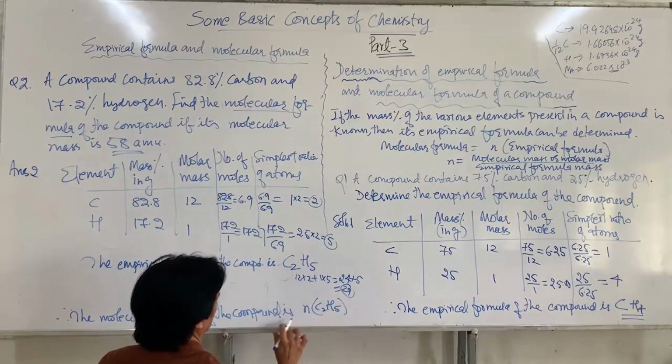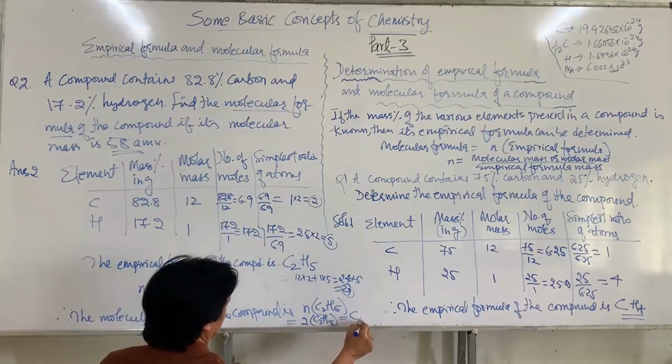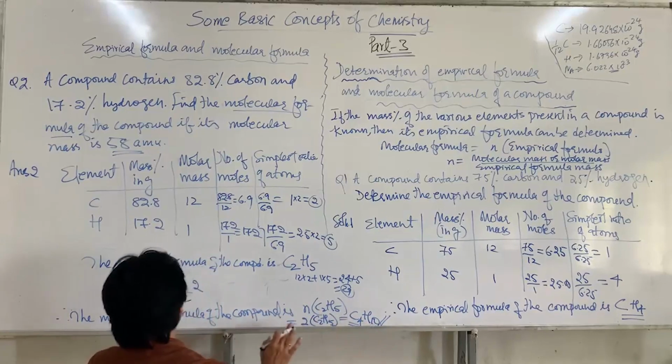When I say N times, you're going to multiply the subscripts by N. Your N here is 2. So 2 times C2H5 is C4H10. This finally becomes the molecular formula of the compound, right?